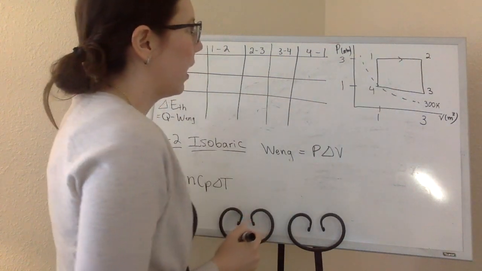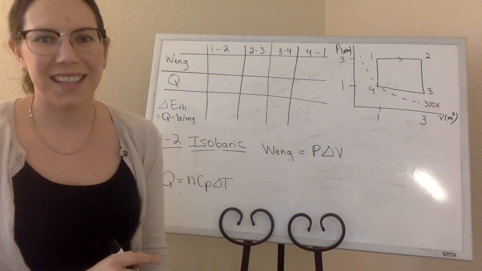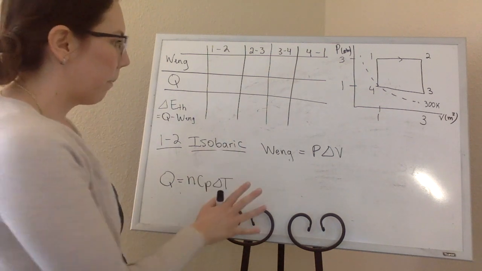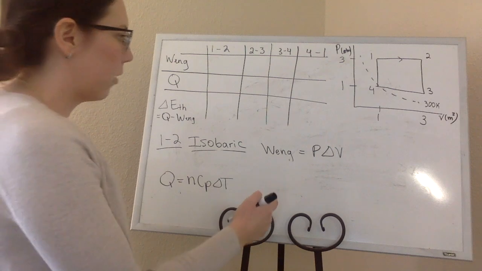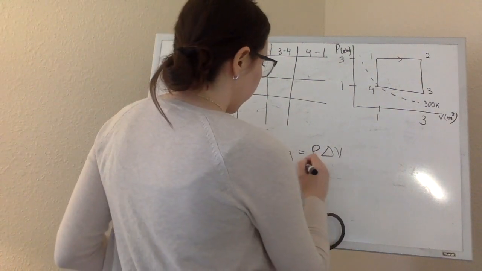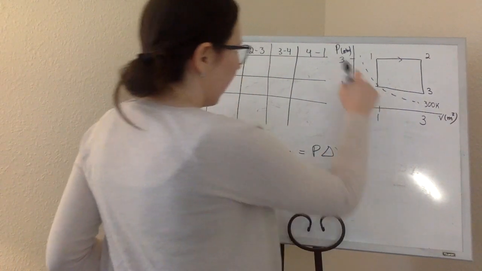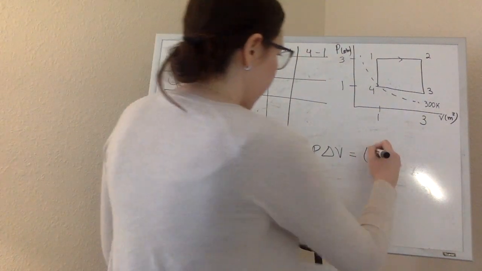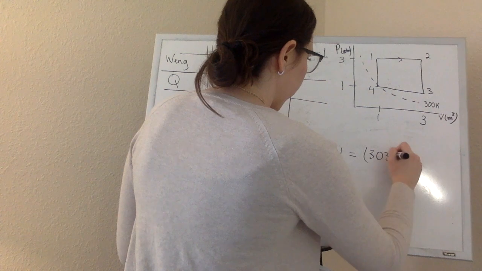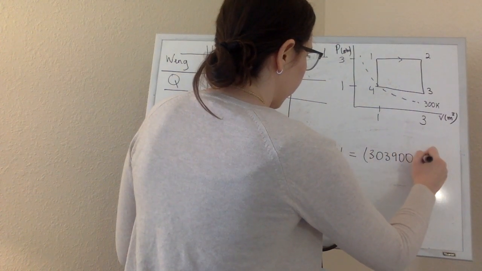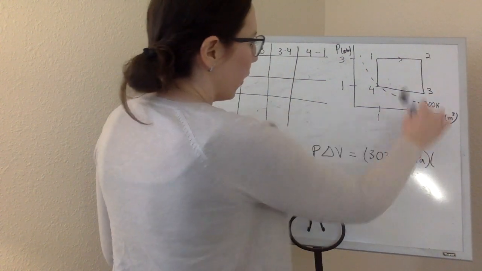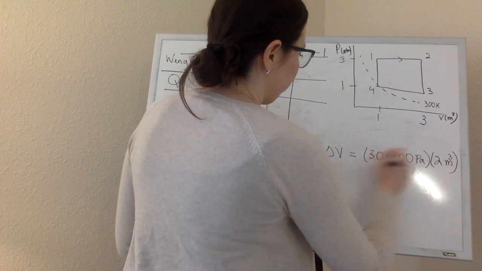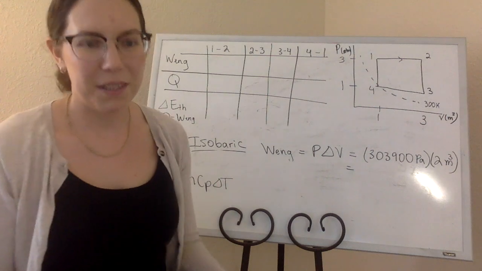This transition is isobaric because it remains at the same pressure. And for isobaric, we have to calculate both items. So we have work done by the engine is P delta V. So that's going to be the constant pressure of 3 atm, which was 303,900 pascals, times this change in volume, which is from 3 to 1, so 2 meters cubed. 3 minus 1 meters cubed there.